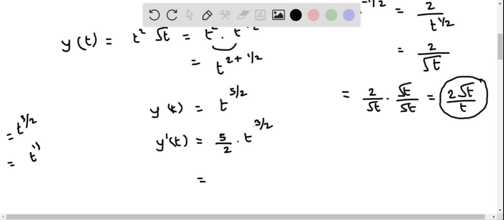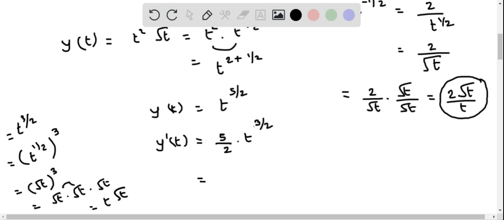That is, first we write this as t raised to the power of half, and then we raise it to the power of 3, which is we cube it. T power half is written as root t, and then we cube it. So this equals root t multiplied by itself 3 times. Root t times root t is t, and so we then have one more root t. So this is t root t. So therefore this equals 5 by 2 t times root t. This is y prime of t.